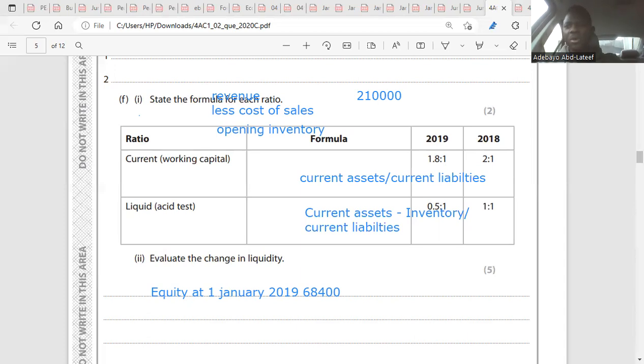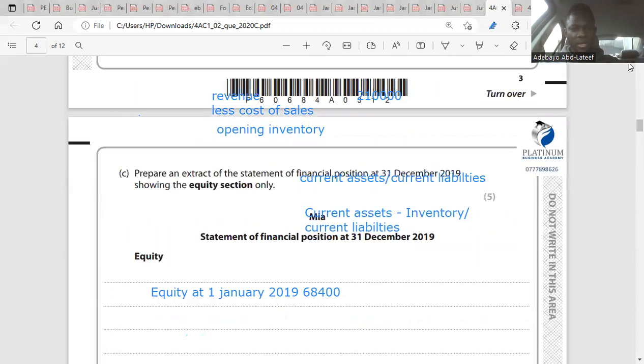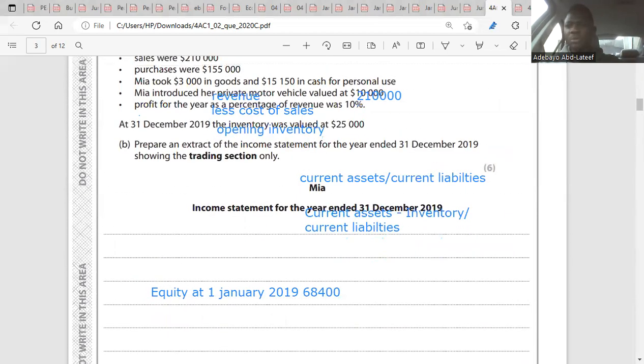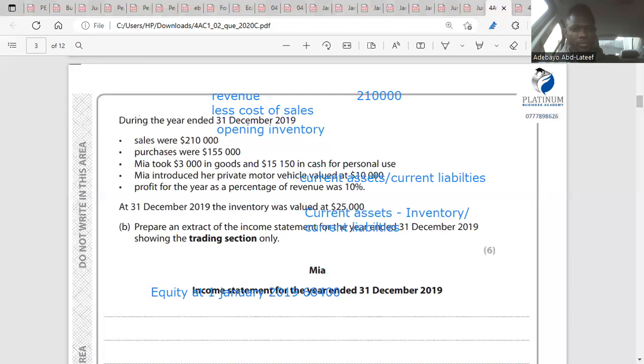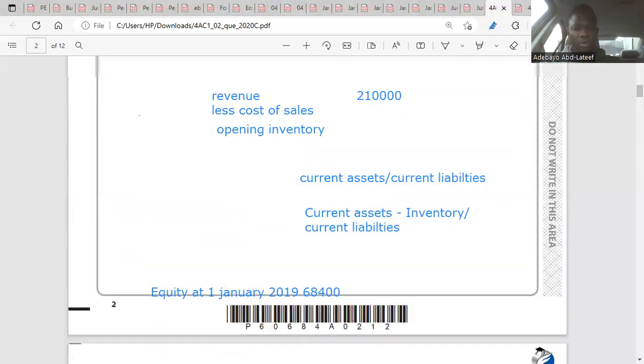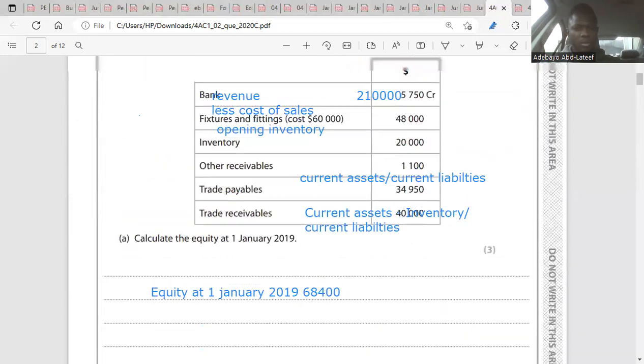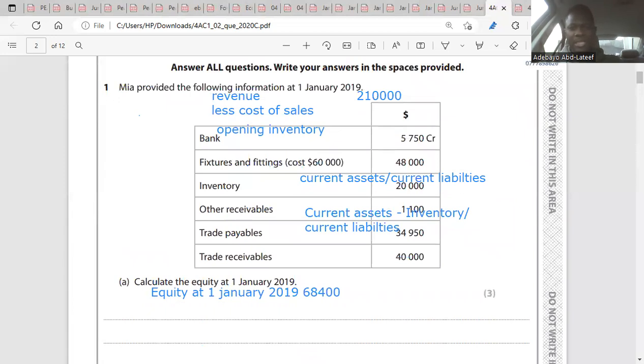These numbers now, when you check through your inventory, the inventory is here, the items you have here. Let me just show you this one now. This is inventory.